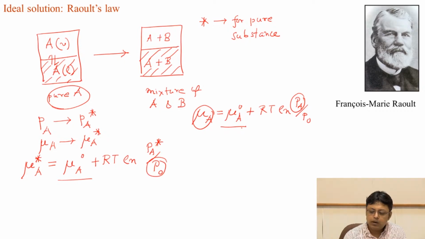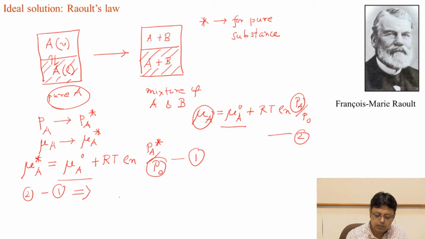So what Raoult's law says is, if we take the difference between these equations, let's call this equation 2 and that equation 1. If we take 2 minus 1, then we get mu A minus mu A star.